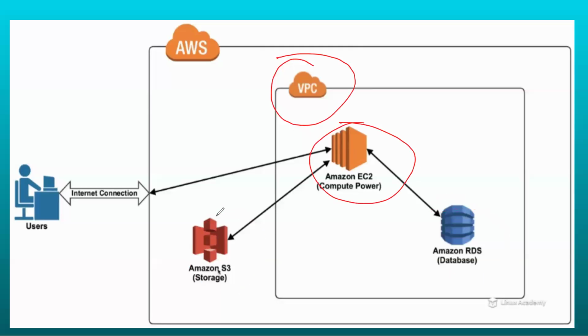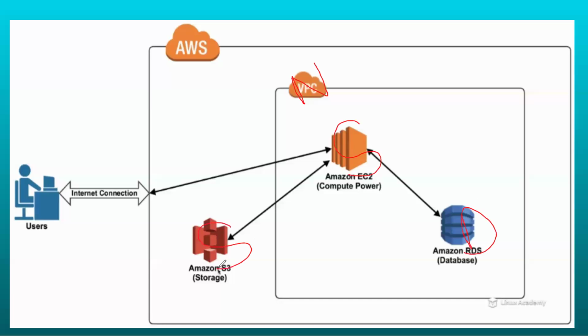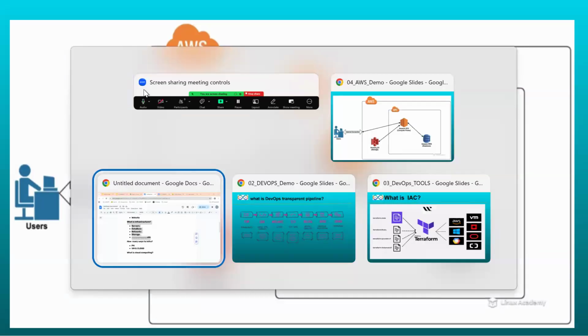What is a VPC? VPC is nothing but a network. EC2 is nothing but a server. RDS is nothing but a database. S3 is nothing but a storage. So for deploying our applications, whatever infrastructure is required, we can get it.